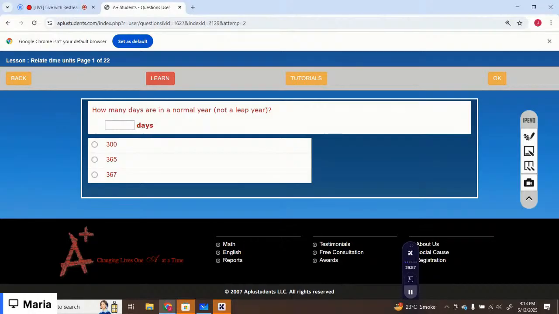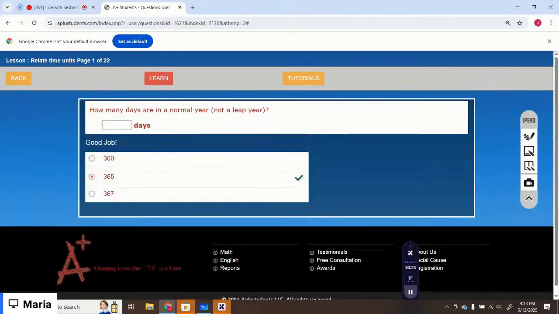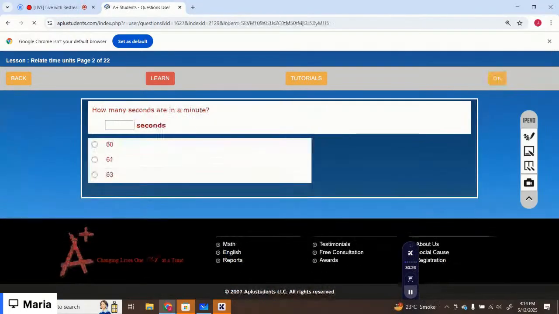So which is the correct option? In a normal year, there are 365 days. Option number two is the correct option.